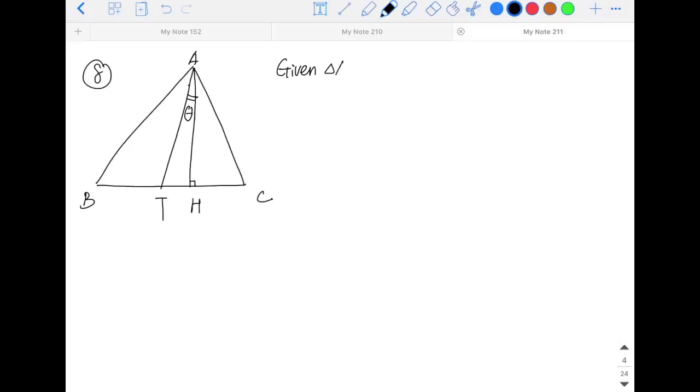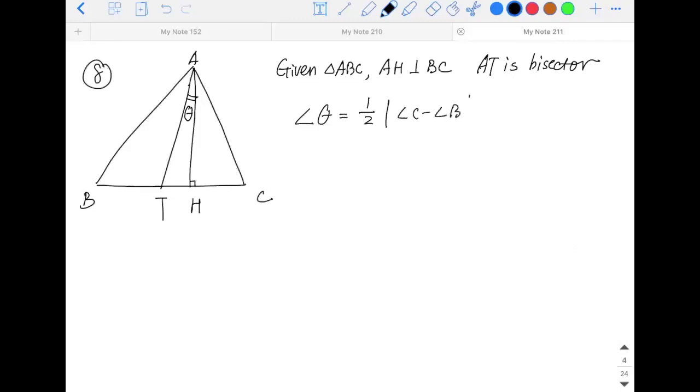Given triangle ABC, AH is perpendicular to BC, which is the height, and AT is the bisector. Okay, with these 2 pieces of information, I will say that angle theta must be 1/2 of angle C minus angle B. This is actually a very interesting property.